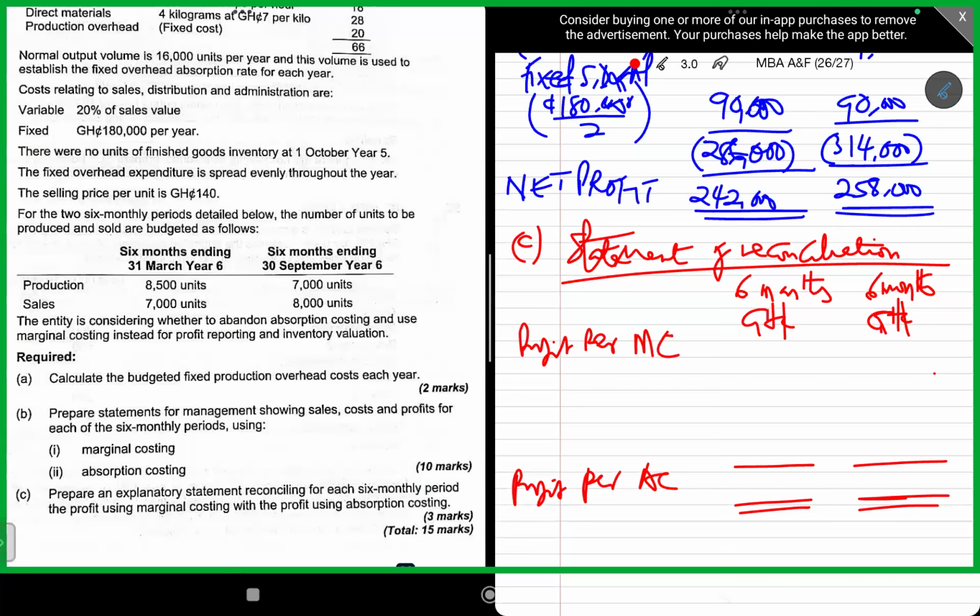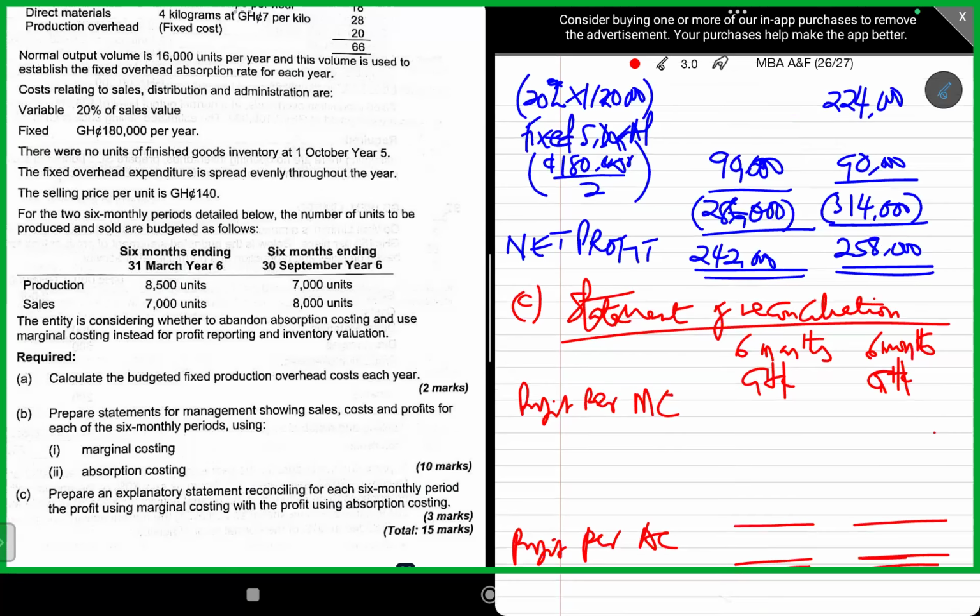So we say statement of reconciliation, number C, 6 months, 6 months. Profit per marginal costing, and then we will leave about 4 line spaces. We will come with profit per absorption costing. What is the profit per marginal costing for the first 6 months?